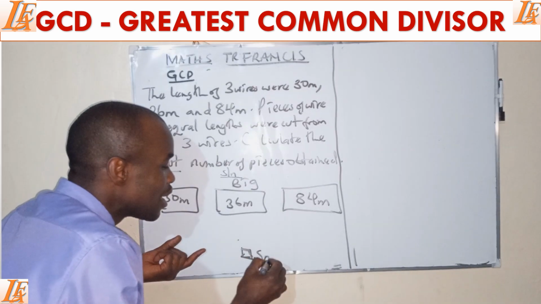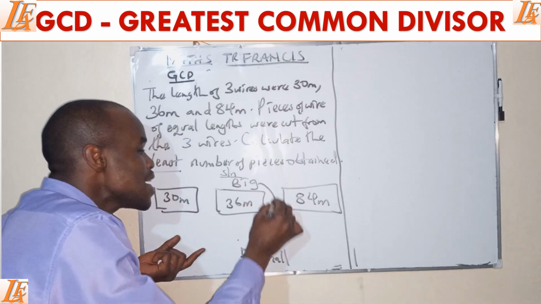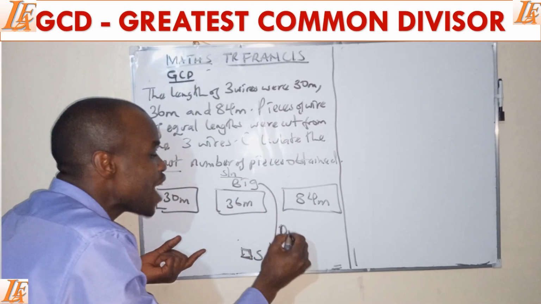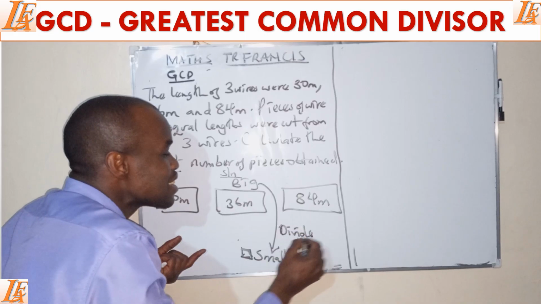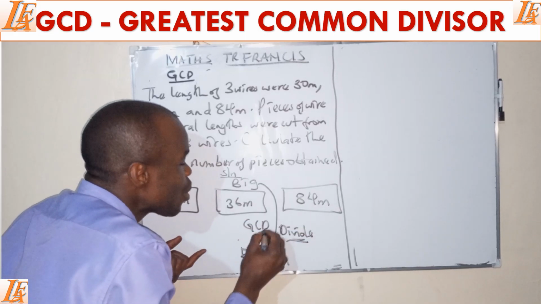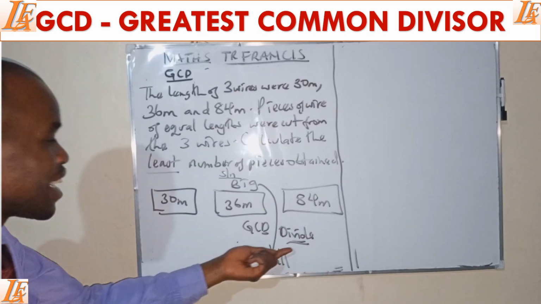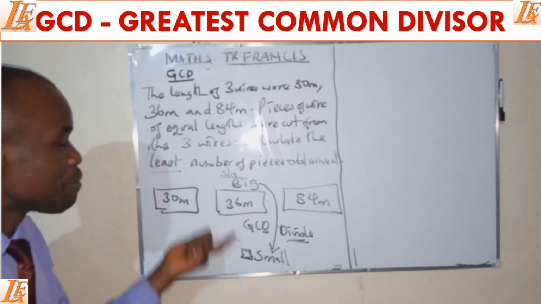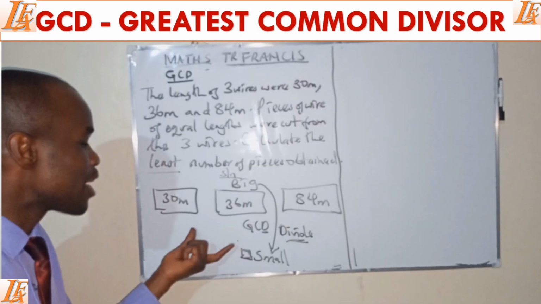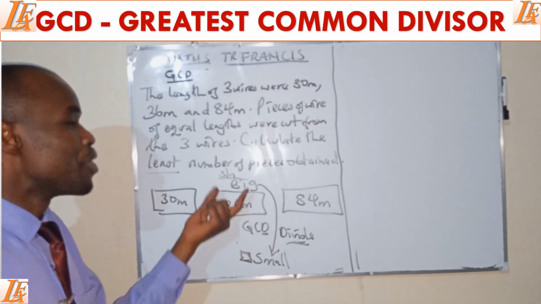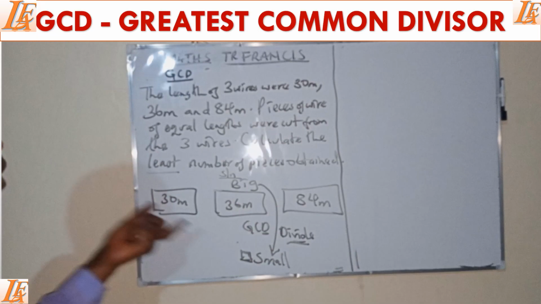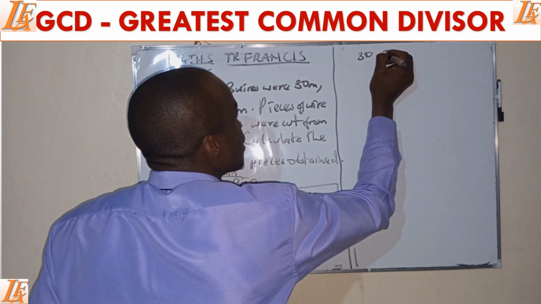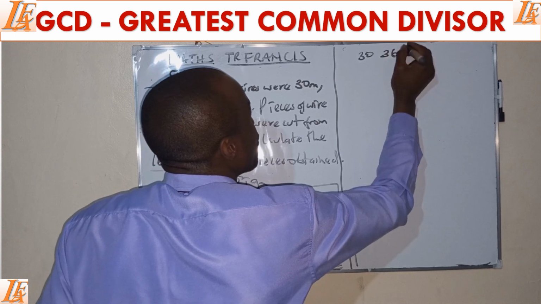Get this? From big to small, when something big becomes small, we divide it, and that is GCD because of the division, the divisor. These wires are big, we make small pieces from the three big wires, so we have to divide them. Therefore, we get the GCD of 30, 36, and 84.